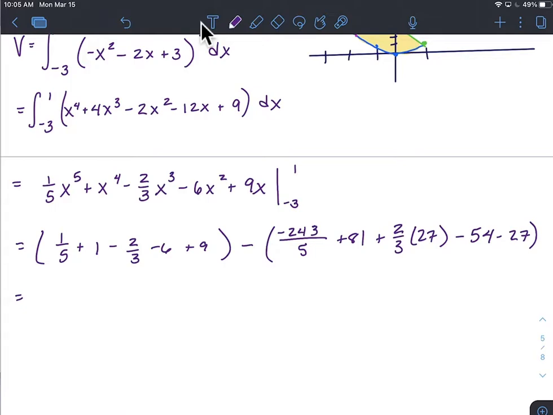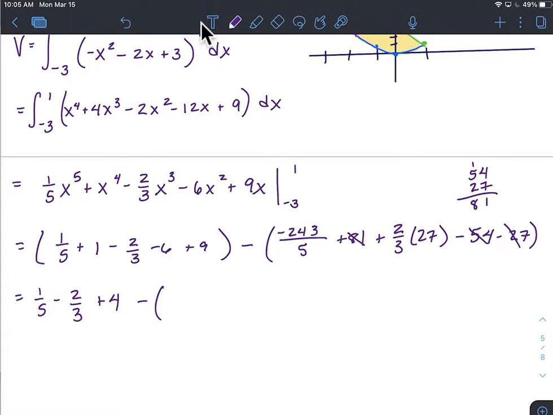Let's see, we got 1/5 minus 2/3. 1 plus 9 is 10, minus 6, that's plus 4. Minus, okay, let's see, 54 and 27. Right, that's 11. Okay, that's 81. So these are all going to cancel out. Wonderful. 2/3 times 27.